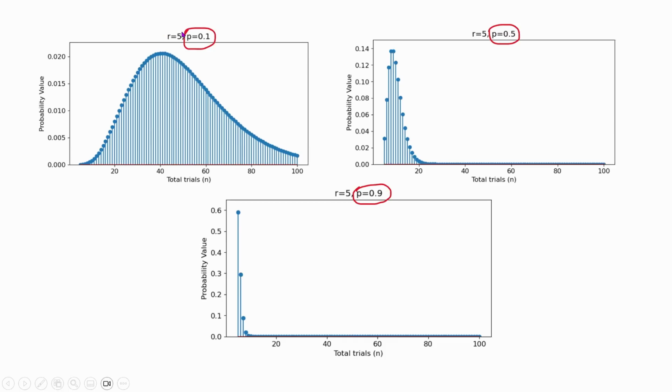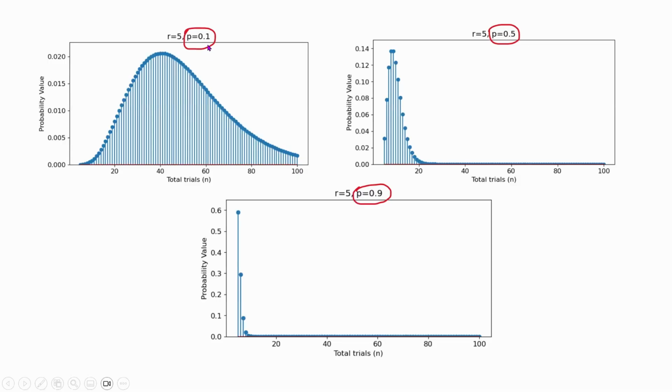So let us fix r to 5. That means we need 5 successes, and let us vary the probability of success from 0.1 to 0.9. You can see when we have 0.1 probability of success, the whole thing is extremely variable, right? Okay, let's understand the case for p equal to 0.1 first.